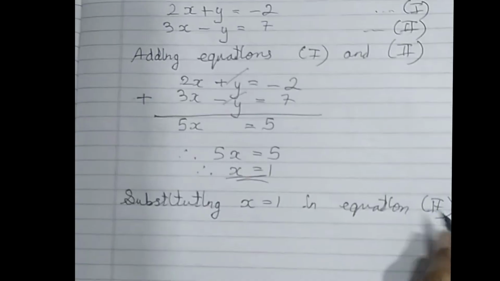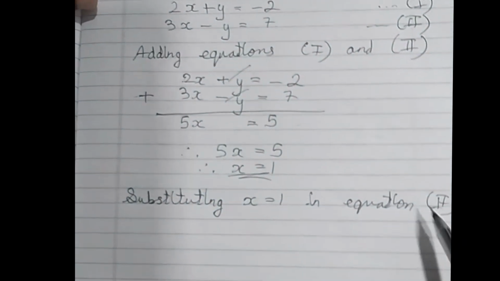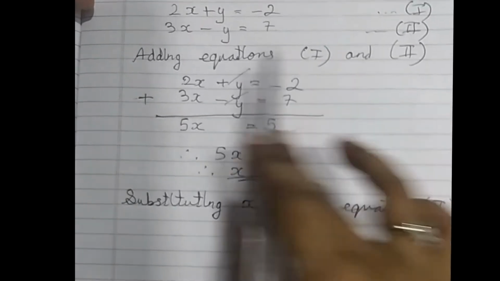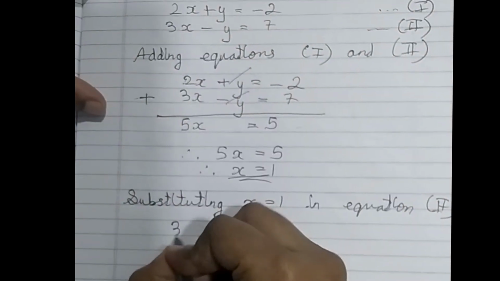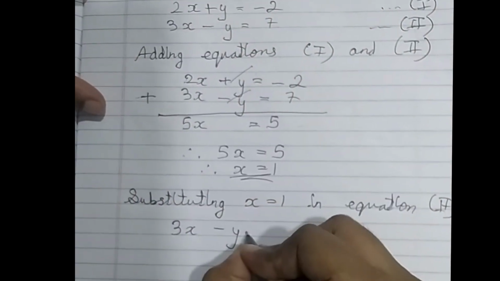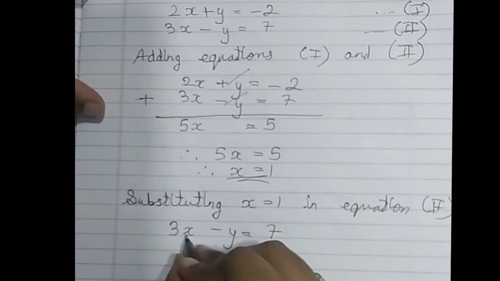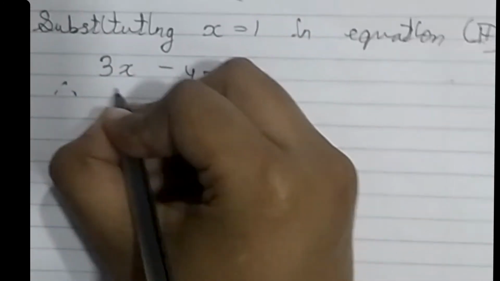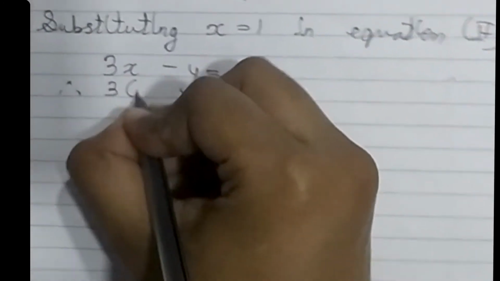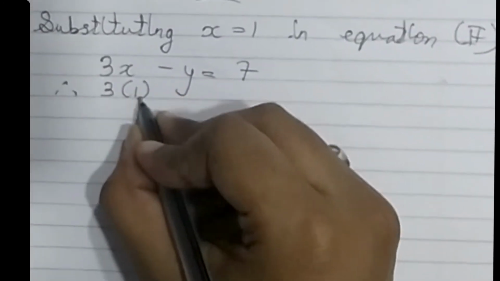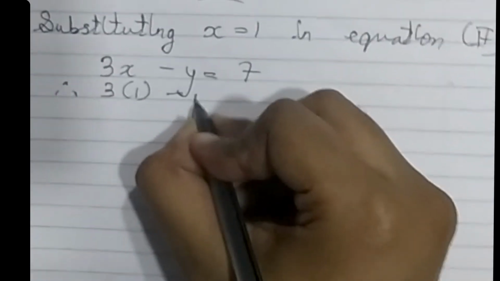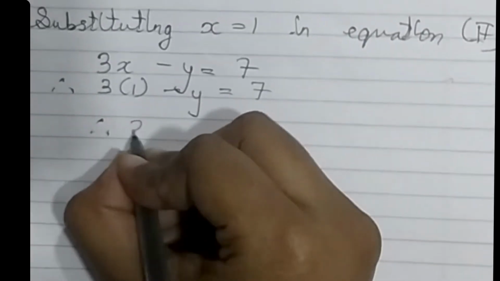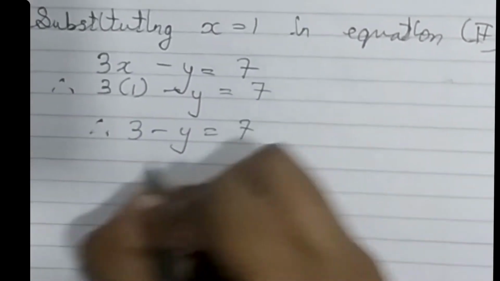So substituting x equal to 1 in equation 2. What is our equation 2? 3x minus y equal to 7. What is the value of x? 1, right? Therefore 3 into 1, the x value is 1, minus y equal to 7. 3 minus y equal to 7.